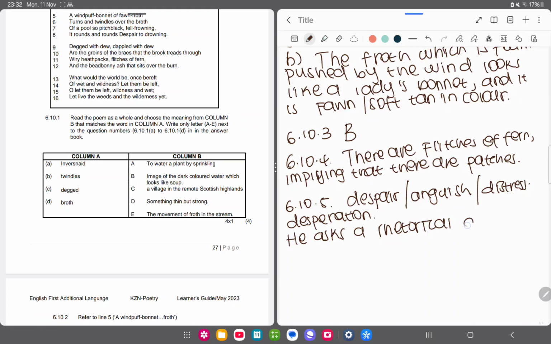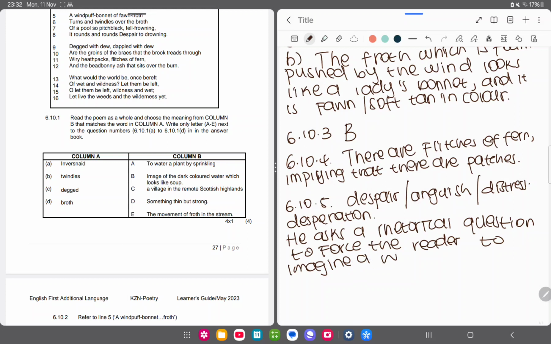He asks a rhetorical question to force the reader to imagine a world without vegetation or trees or plants.